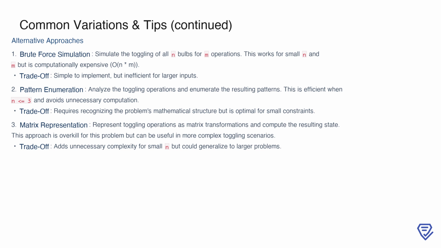Finally, a more advanced technique involves representing the toggling operations as matrix transformations and computing the resulting state. While this approach might generalize to more complex toggling problems, it introduces unnecessary complexity for the current problem, especially when n is small. Choosing the right approach depends on the constraints and your understanding of the problem structure.